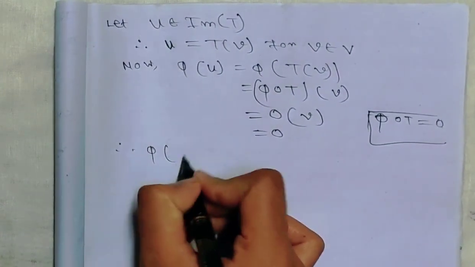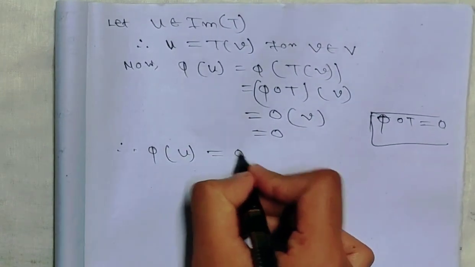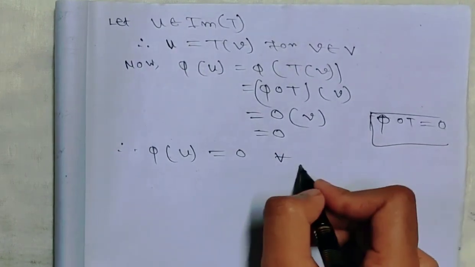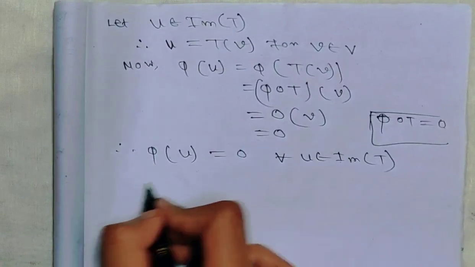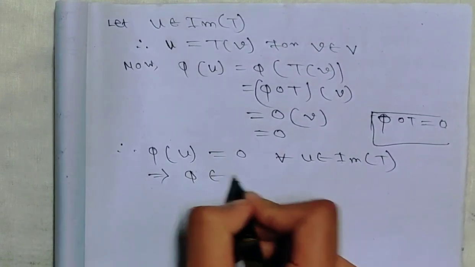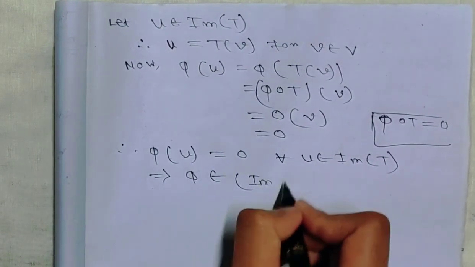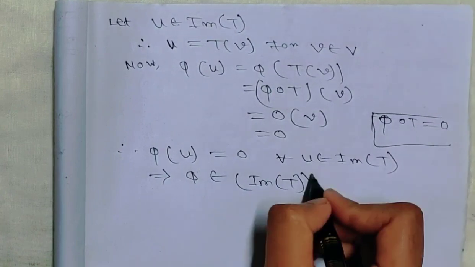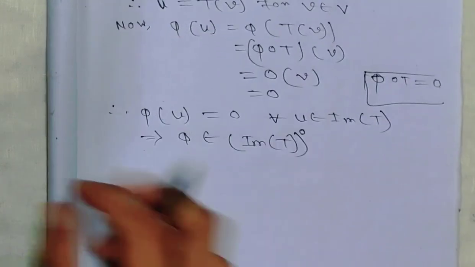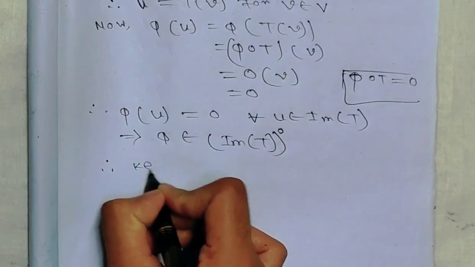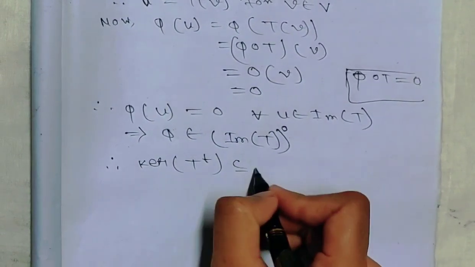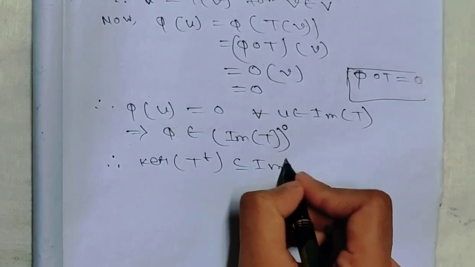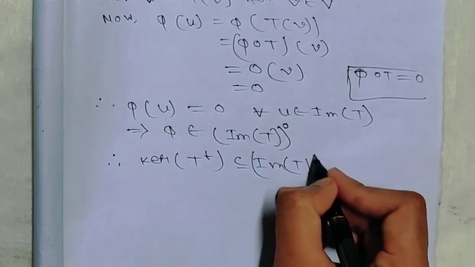Therefore phi of u equals 0 for all u belonging to the image of T. That implies phi belongs to the annihilator of the image of T. Therefore kernel of T transpose is contained in the annihilator of the image of T.